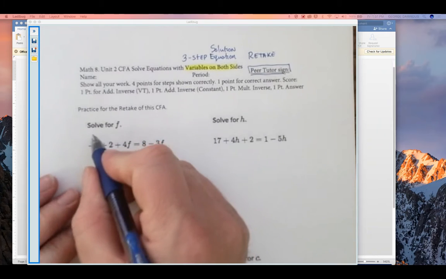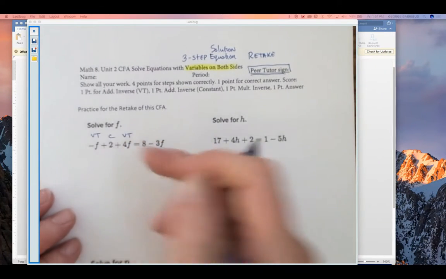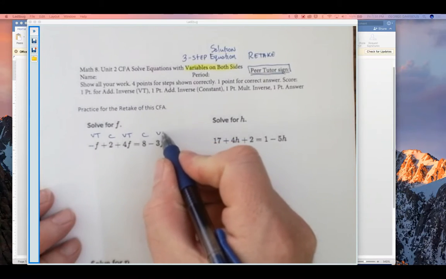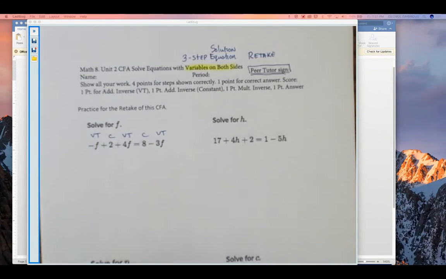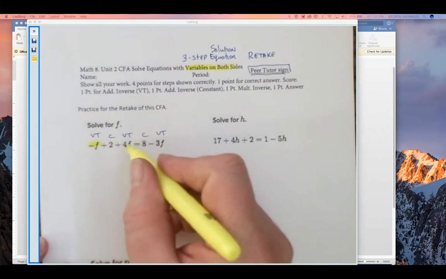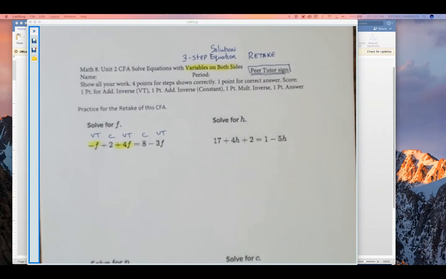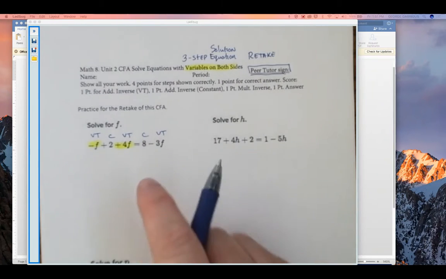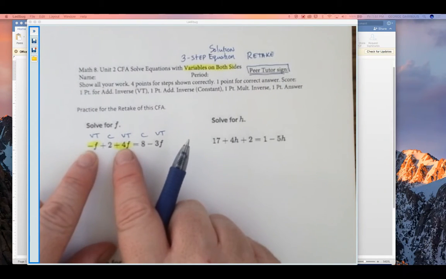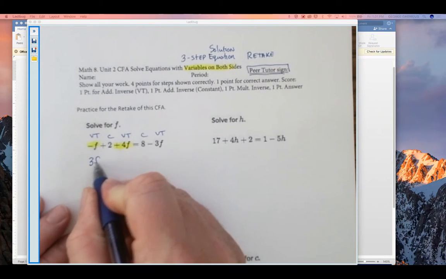And on the first problem, you have a variable term, a constant, and a variable term all on the left, and a constant and a variable term on the right. So this variable term, negative 1f and plus 4f, are going to combine. So we can combine negative 1 plus 4f, and I get 3f.